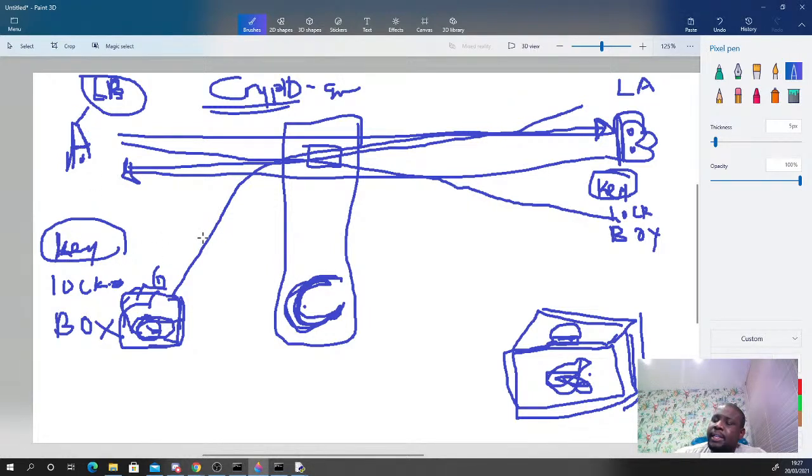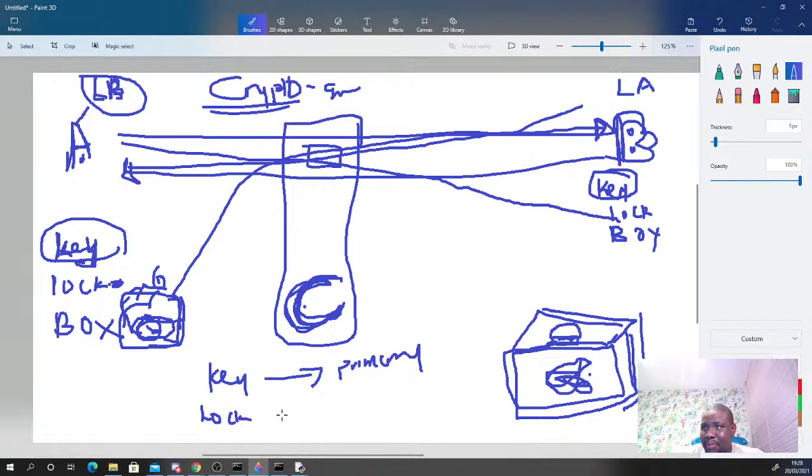So in computing, the keys that the user has, the lock and the key, in computing they call them the private key and the public key. I believe anyone who has studied cryptography will have heard about private key and public key.